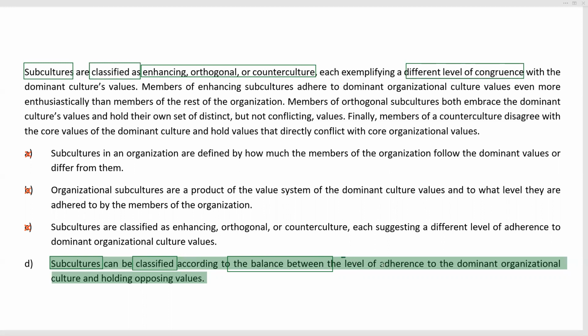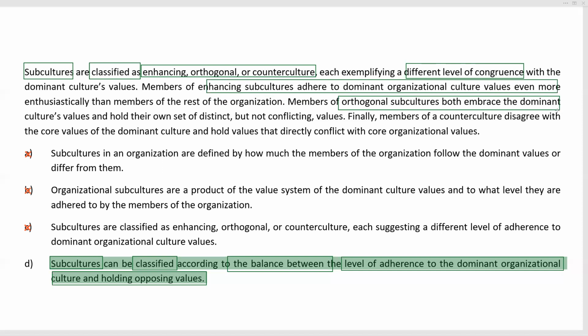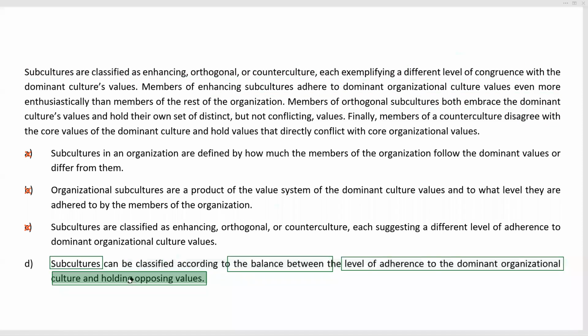It says the level of adherence to the dominant organizational culture and holding opposing values. So we have adherence, which is basically the aspect of enhancing, also to a degree an aspect of the orthogonal subcultures, and holding opposing values is an aspect of countercultures. So this actually covers a lot of ground.